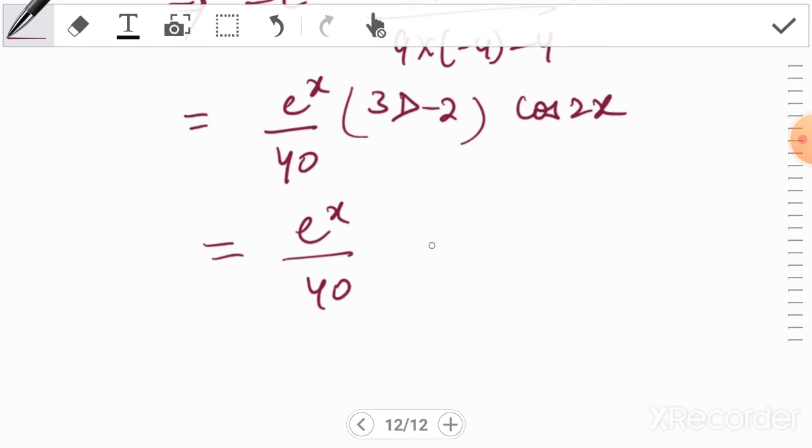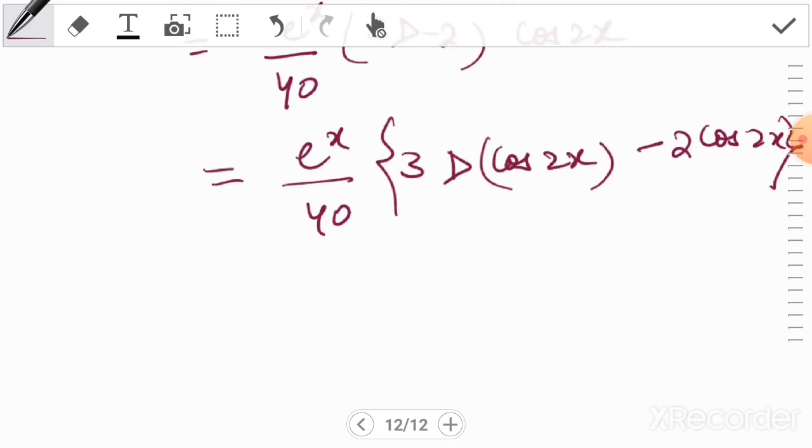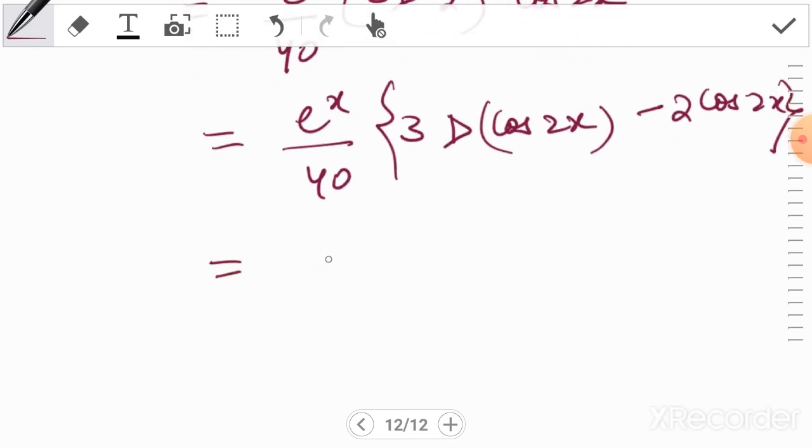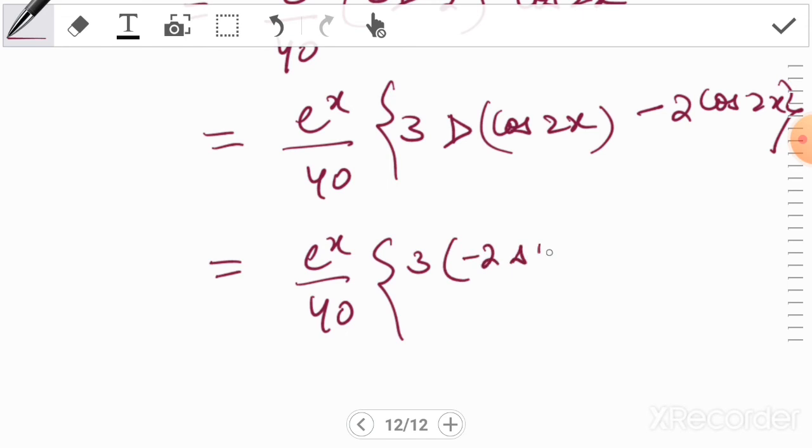Yes. So e^x by 40. Now 3D on cos 2x minus 2 times cos 2x. Okay. So this will be equal to e raised to the power x by 40, and derivative of cos 2x is minus 2 sin 2x. So 3 into minus 2 sin 2x, yes, minus 2 cos 2x.